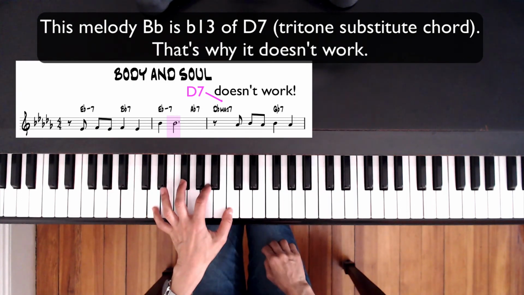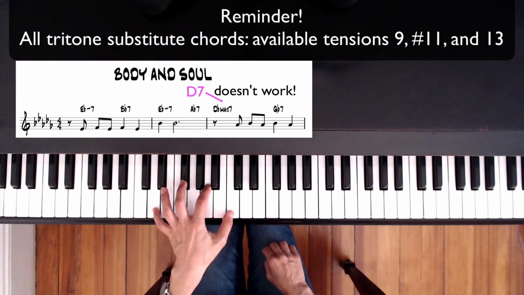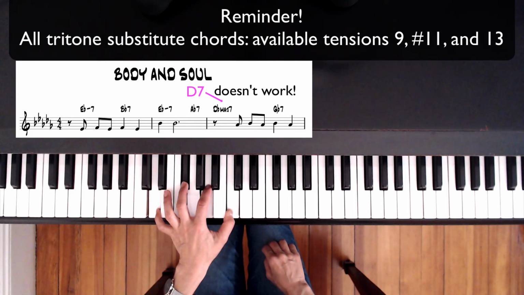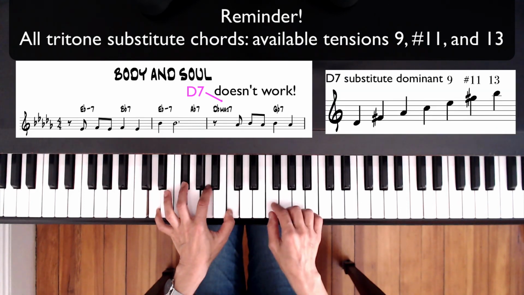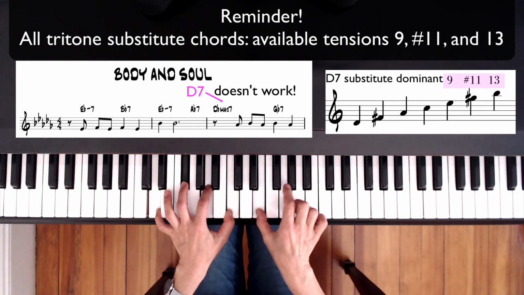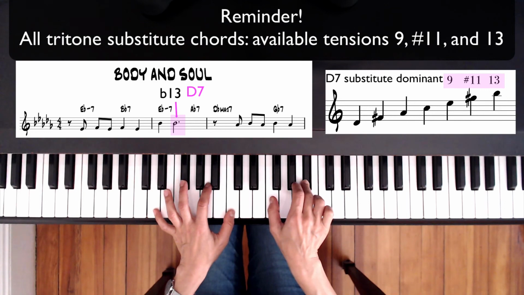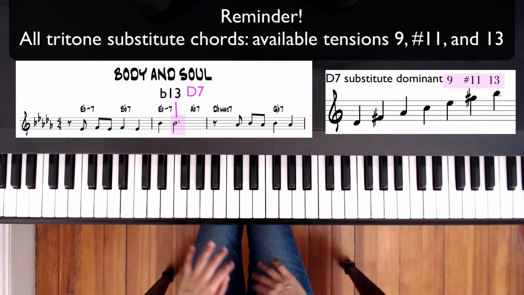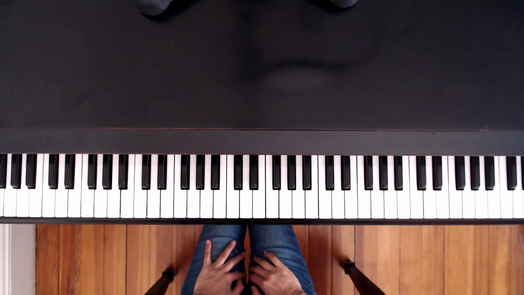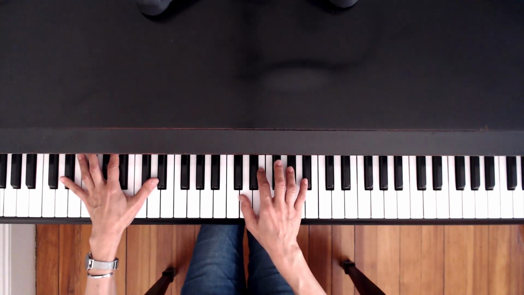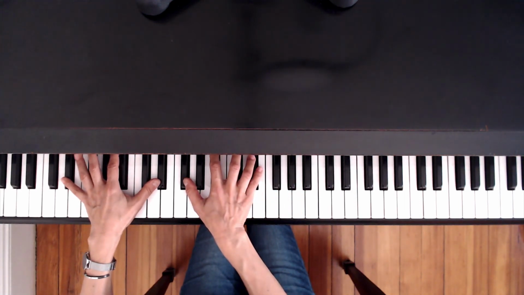I hope you remember by now that tritone substitute chords have available tensions 9, sharp 11, and natural 13. But this was flat 13, that's why it doesn't work. However, actually some musicians use the D7 tritone substitute chord here by changing the melody note like this.